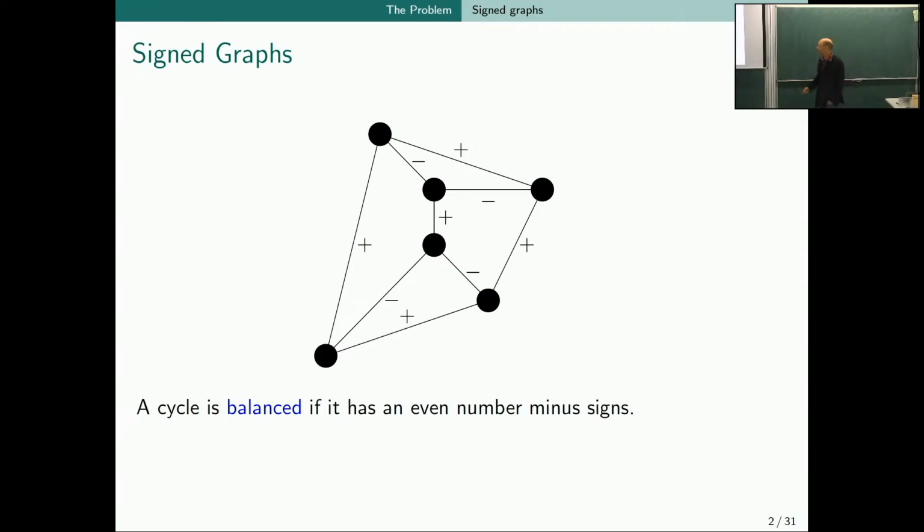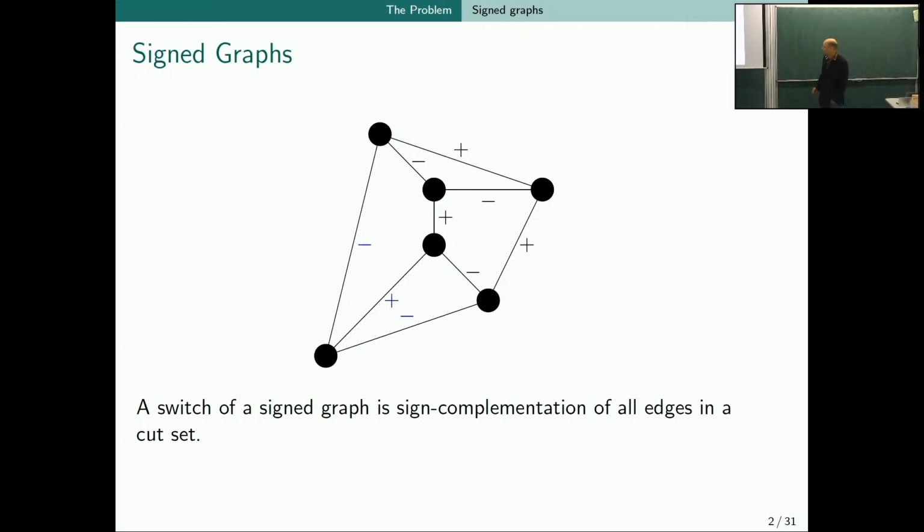So a cycle in a signed graph is balanced if it has an even number of minus signs. Right? The idea is that you multiply all the signs around the cycle, and if it's positive, it's balanced. And then another notion that comes up in a lot of papers about signed graphs is the notion of switching. Right? So a switch of a signed graph is we take a cut set of edges and complement the signs on that cut set of edges.